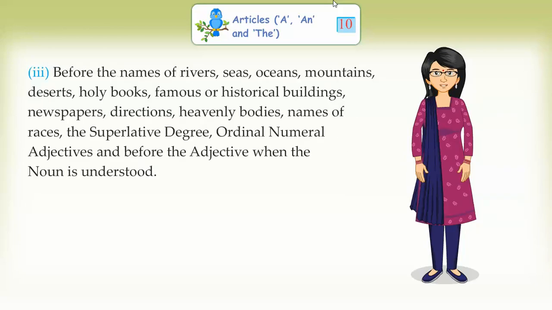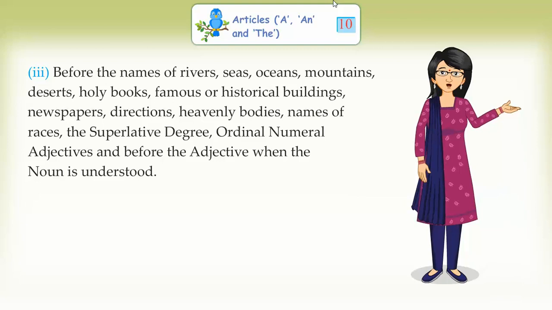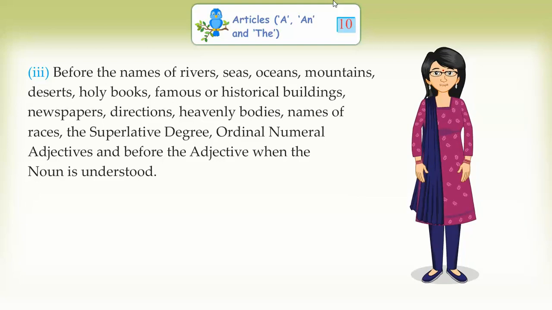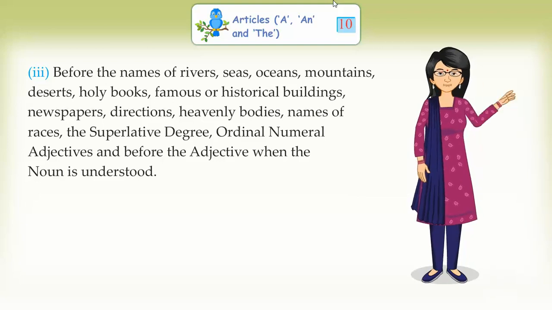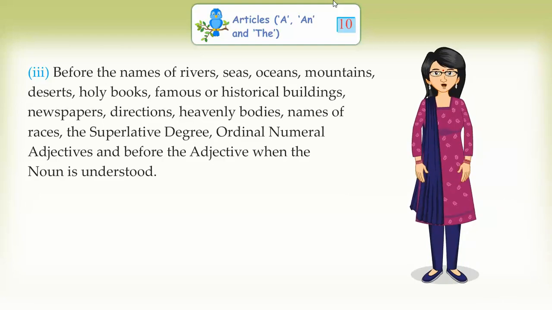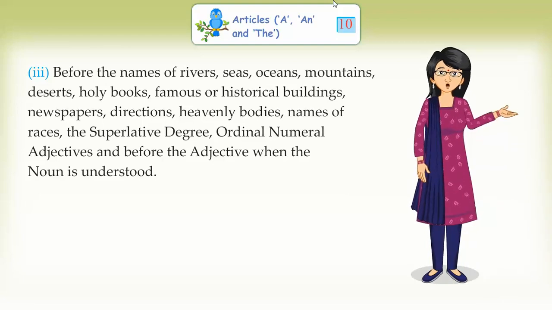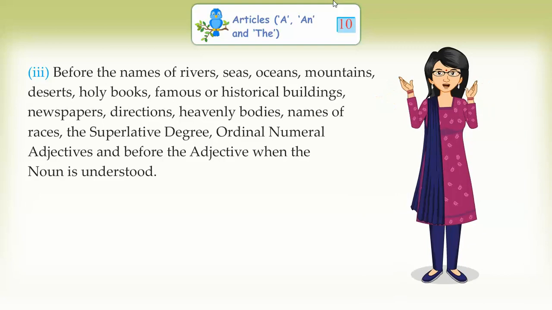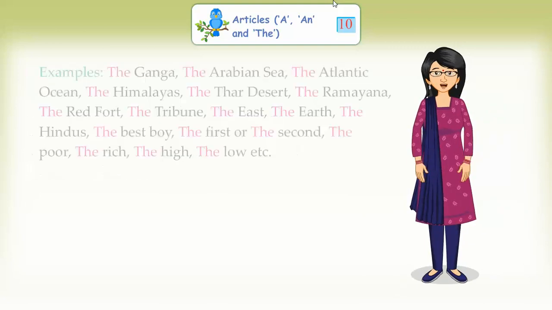Before the names of rivers, seas, oceans, mountains, deserts, holy books, famous or historical buildings, newspapers, directions, heavenly bodies, names of races, the superlative degree, ordinal numeral adjectives, and before adjectives when the noun is understood.